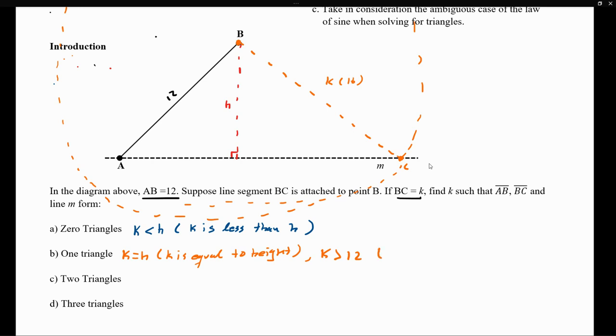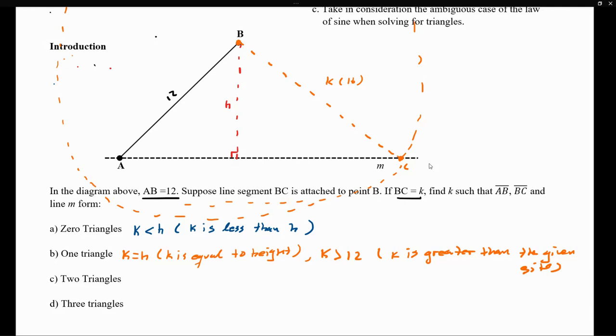So we could also have one triangle if k is pretty much greater than the given side. So notice that we could have two situations, because again, we're just defining this third line segment in such a way that we could have created different triangles.